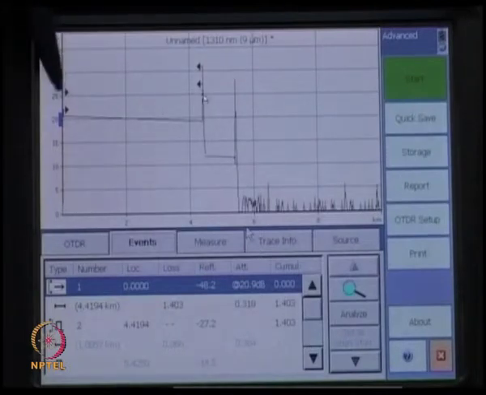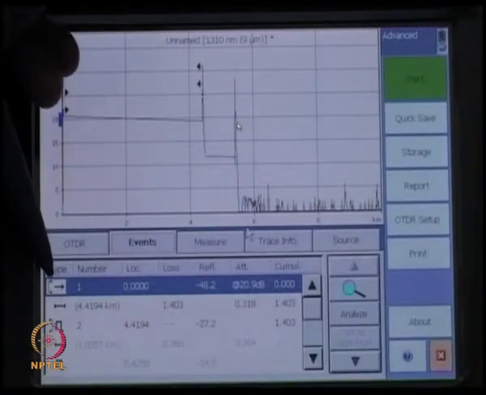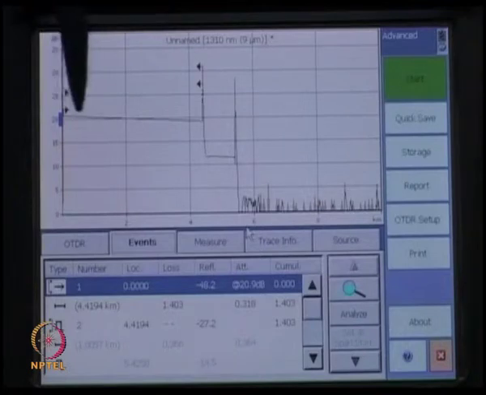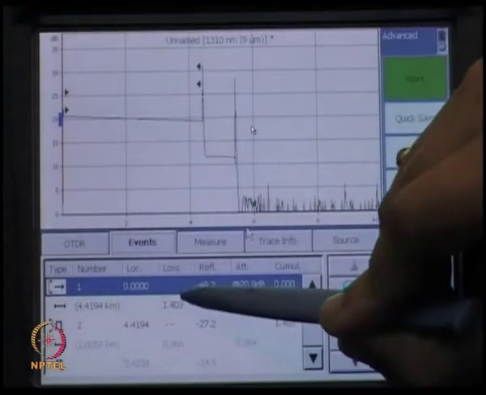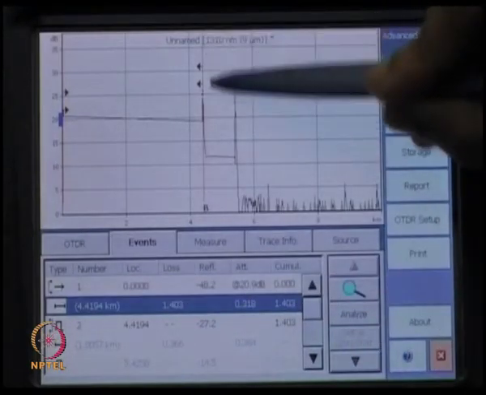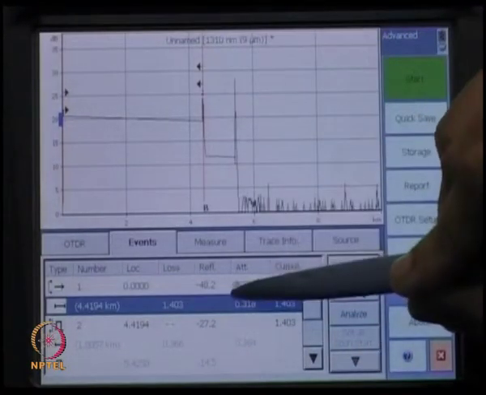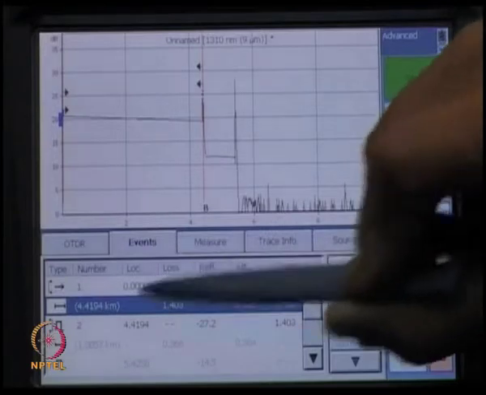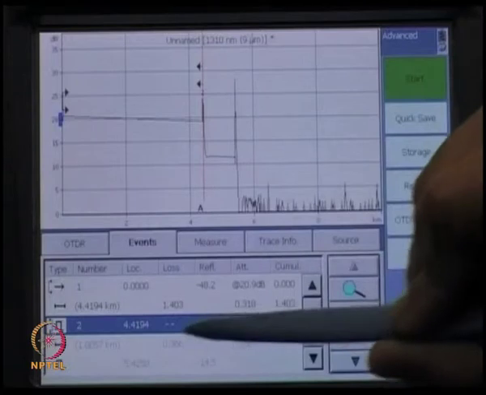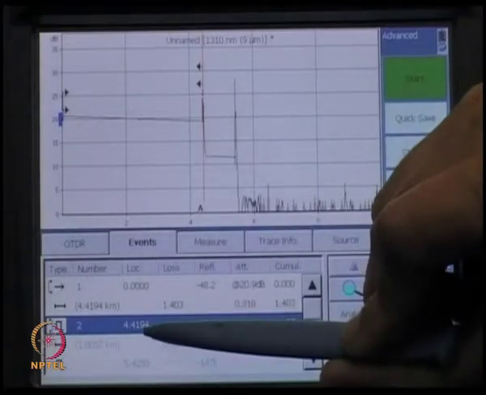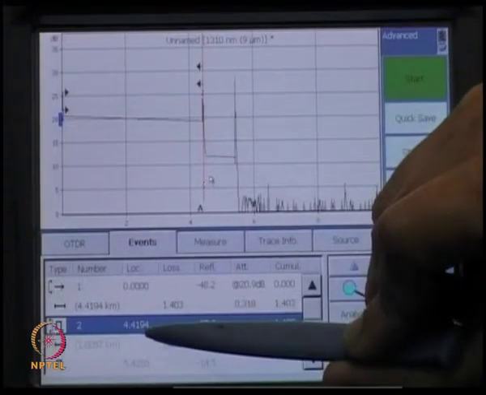These peaks which you see here, these are the ones which come because of the Fresnel reflection. So, that is the 4.4 kilometer length of the fiber.